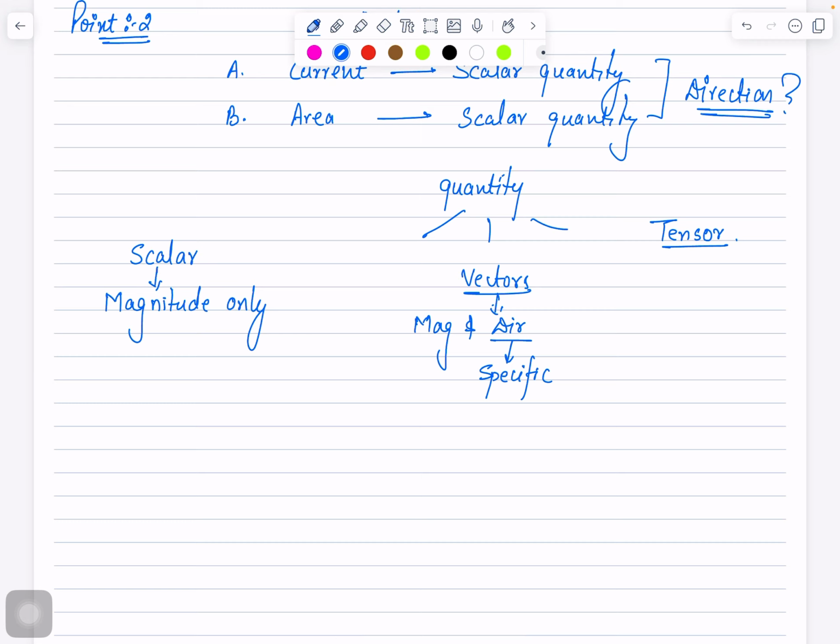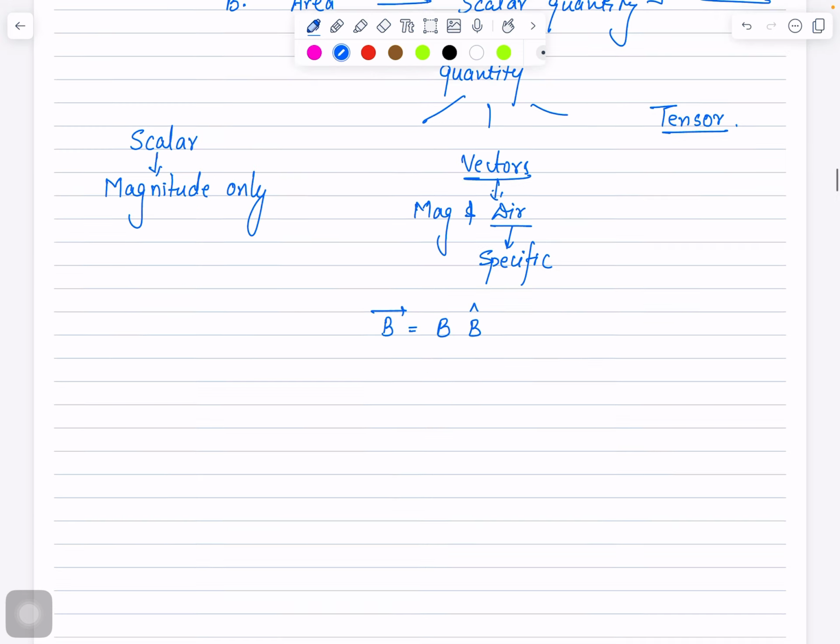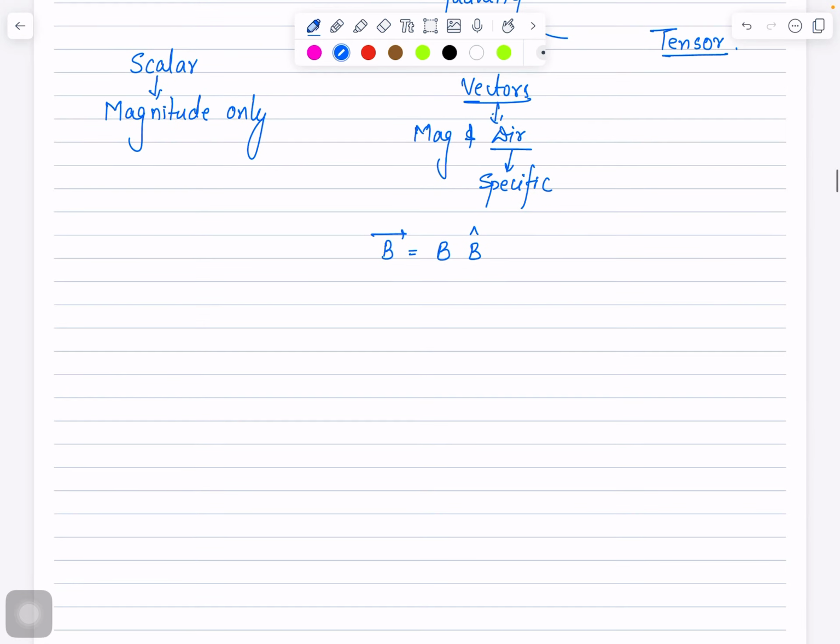Let's say, guys, if I write B vector, how do I need to write it? B and B cap. What is the meaning of this statement? This is your vector B. This is the magnitude of vector B. And this is called the B cap direction.